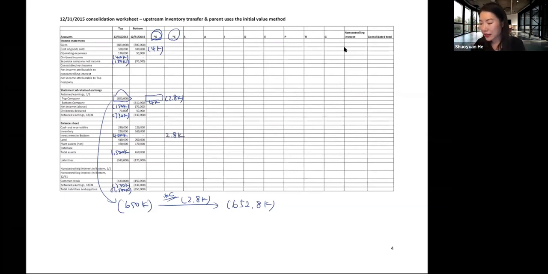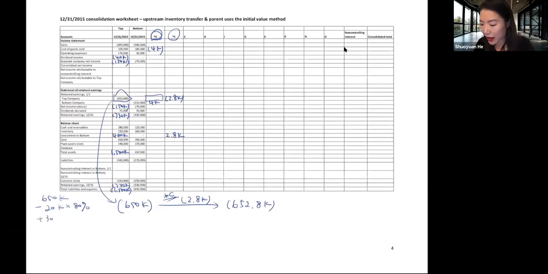So another way to look at this is, the parent's beginning retained earning under the initial value method, upstream transfer, is 650,000. And then take out 20,000, which was counted as income, because under the initial value method, we count dividend as income. We need to take that one out.